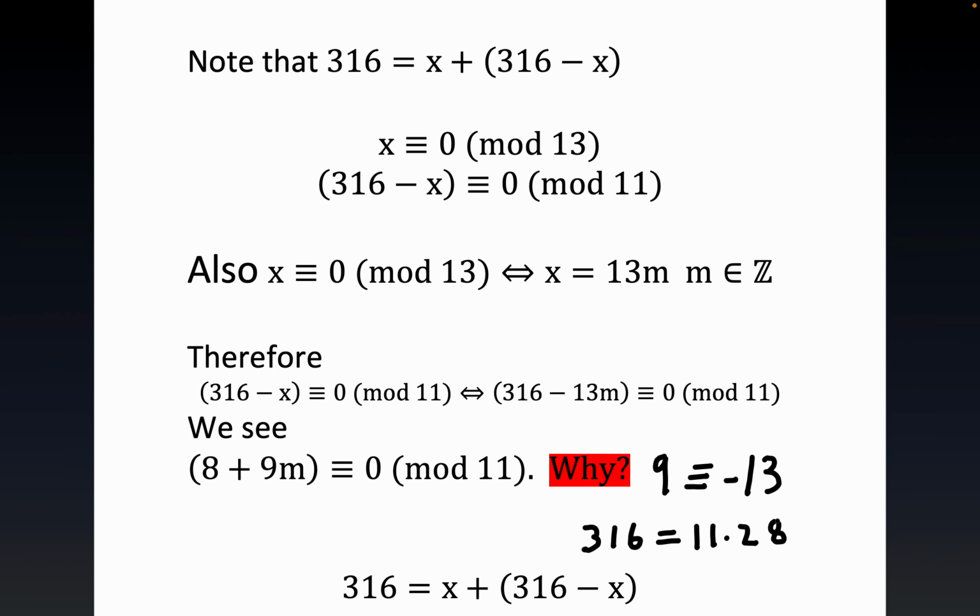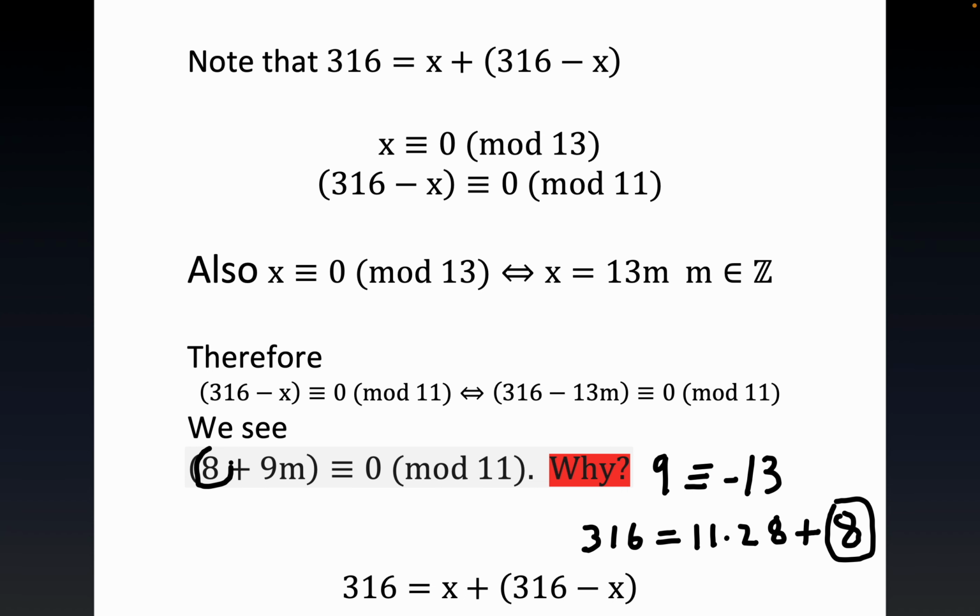And then we go plus 8 right here. See, folks, this 8 is a remainder, and you can think of congruence arithmetic as remainder arithmetic also. So that's where this 8 comes from.